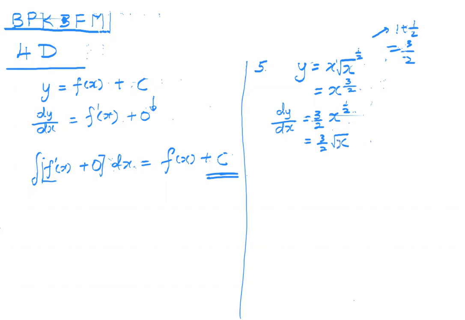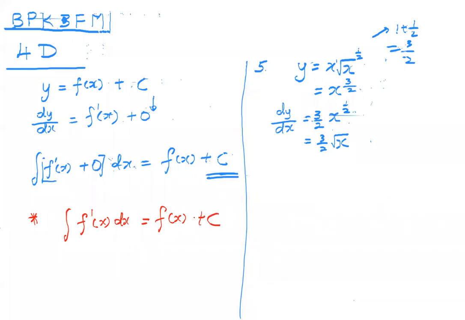Got it? So you see the question says hence. I told you already, if anything says hence, try not to look at the problem first, correct? So how are you going to do the next step? You have to go back to this antiderivative concept. That is, if I integrate f prime x dx, I will get back my f(x) plus c.